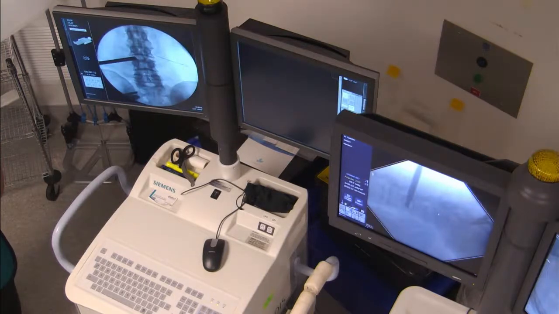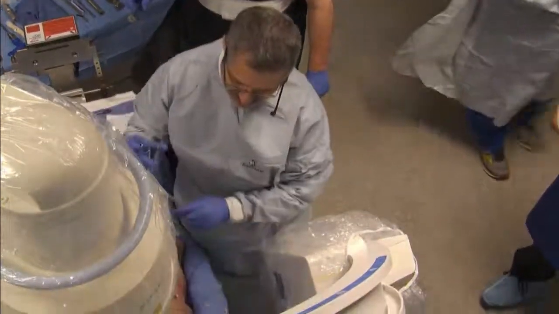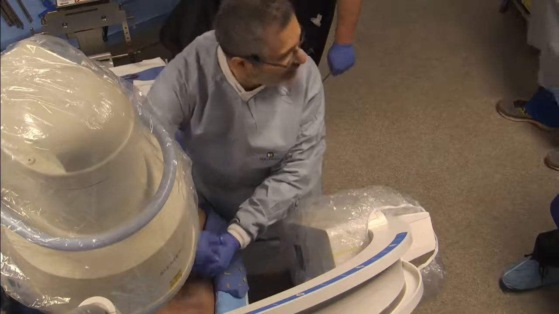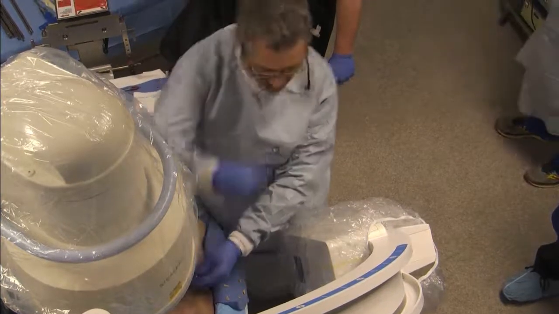Again. I feel how it's on the bone. So I feel the end plates. Is the tricalcium phosphate ready? Yes. I feel that I'm hitting hard bone.